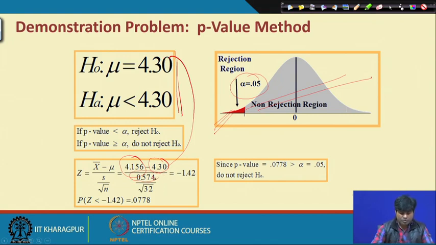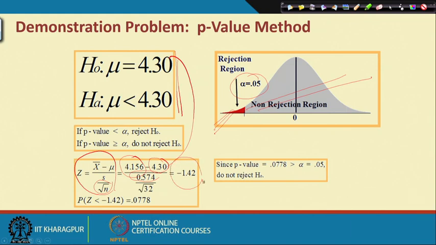That is 0.574, and the sample size is specified here as 32. On the basis of the z statistic, we calculate the z value, which is coming minus 1.42. So, what will you do now? You go to the z tables and check the probability value corresponding to z equal to minus 1.42.